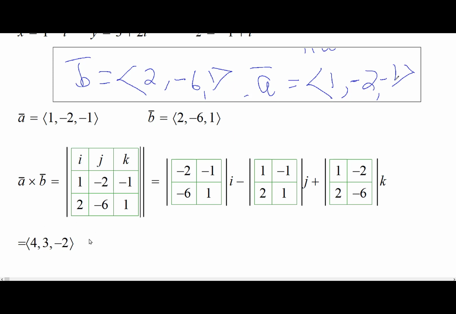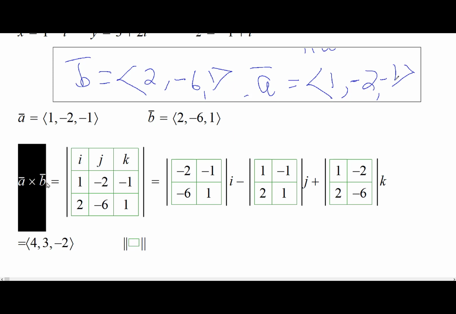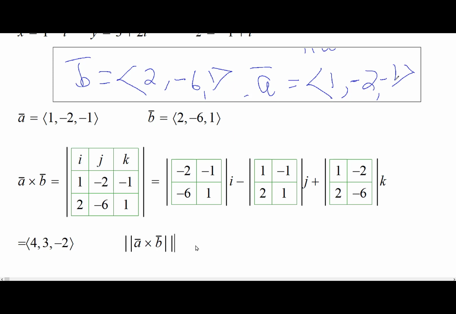And then if we look at the magnitude of this vector, what we have is the square root of 4 squared is 16, plus 3 squared is 9, and then plus negative 2 squared is 4.